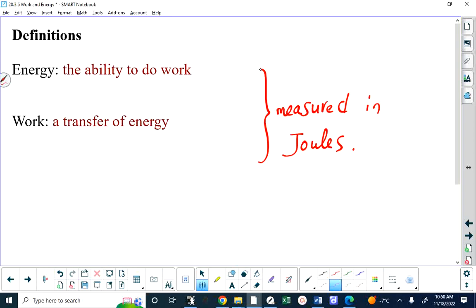We could use, I think it's called an erg, E-R-G. There are other units of work and there are other units of energy. But the standard unit is joules. So whenever we do any calculations that involve standard units like meters or seconds or kilograms, we get joules.